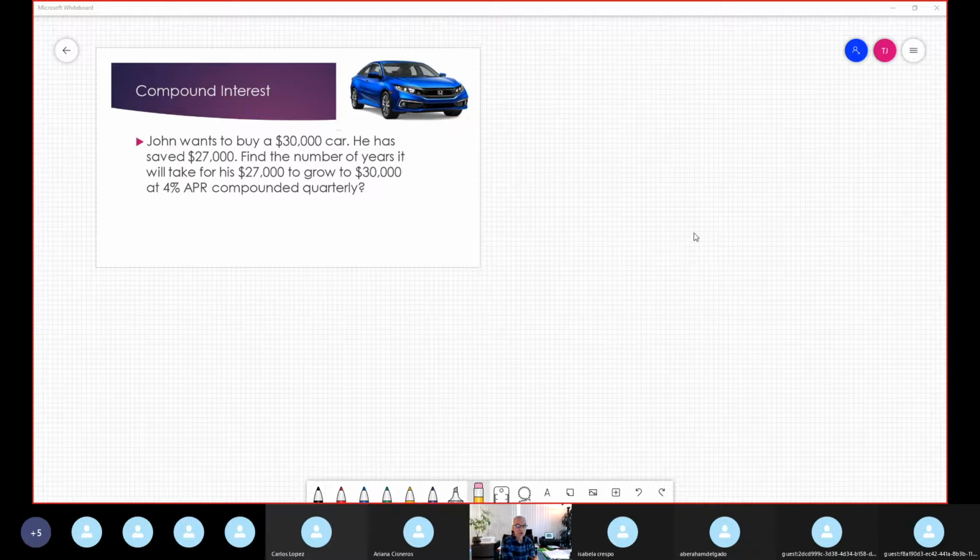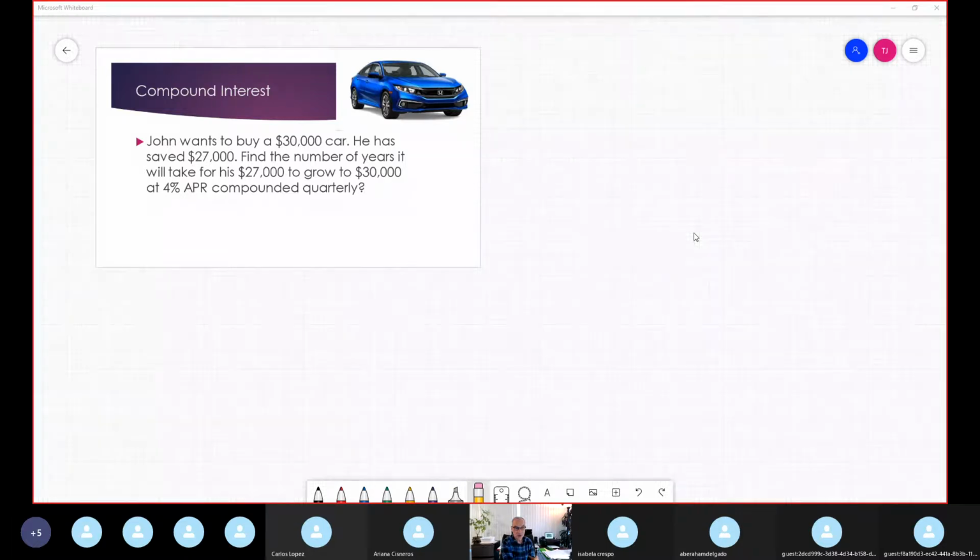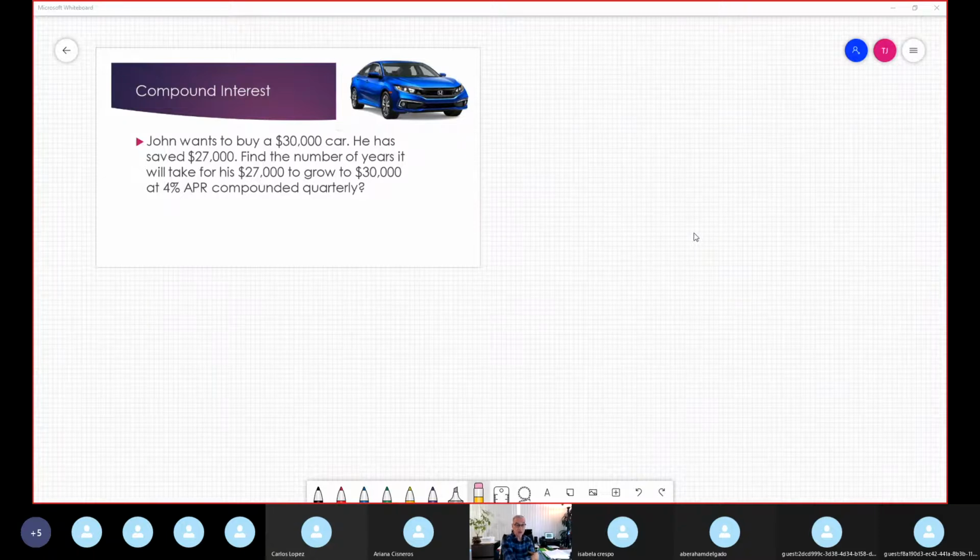So John deposits his original money, which is 27,000, in a bank account expecting the money to increase to 30,000, and then he is ready to buy the car. Okay, so I need help. What information is given?